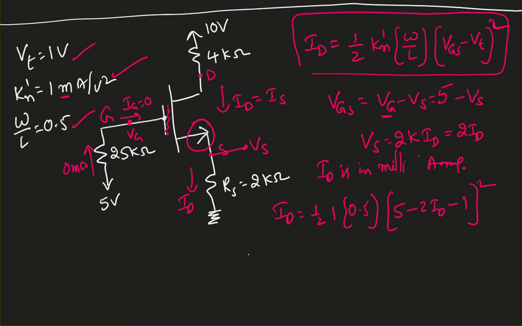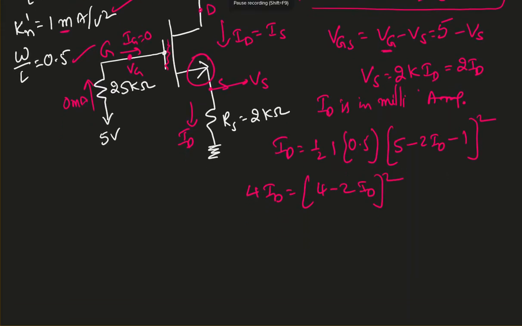So it's going to be 4ID equals (4 minus 2ID) whole square. If we expand this, we'll end up with 4ID square minus 20ID plus 16 equals 0. Or you can say ID square minus 5ID plus 4 equals 0.